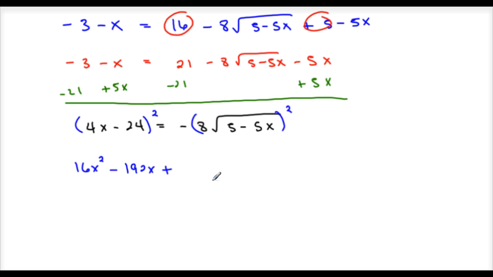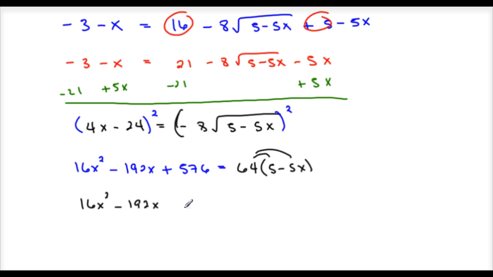If I take negative 24 times negative 24, I'm going to get 576 equals, this whole thing's here, so this would be equals 64 times 5 minus 5x. Distribute in, so I got 16x squared minus 192x plus 576 equals 64 times 5 is 320 minus 64 times 5 is 320x.